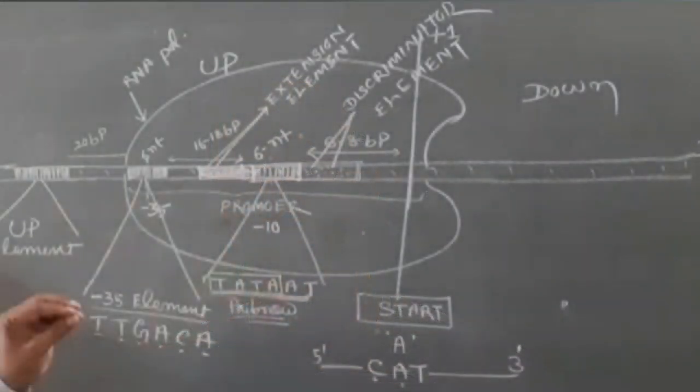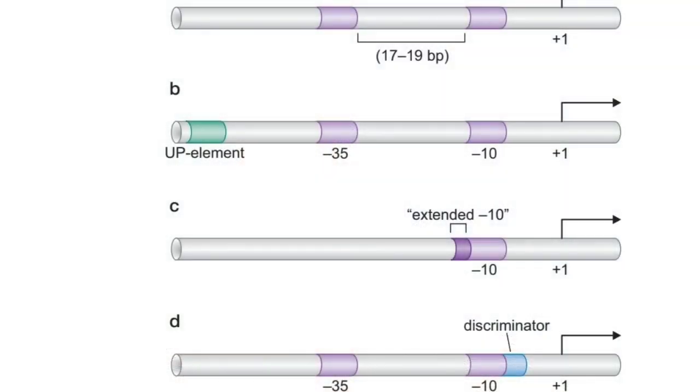Hello everyone. In this video I am going to discuss different aspects of the RNA polymerase enzyme in prokaryotes. In my last video I have already discussed the different components of the promoter in prokaryotes. So the different components of the promoter are initiator, discriminator, -10 element, extension, and -35 element.